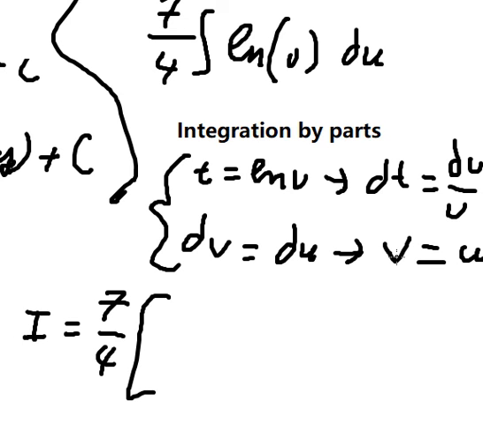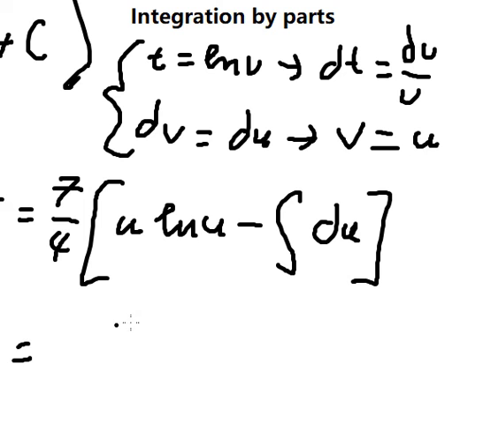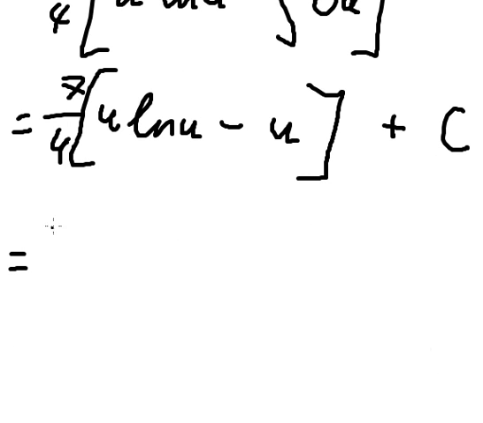We have t multiplied by v minus the integral of v dt, so u divided by u, they cancel. So the integration of the u, we have u. And I will put c in here. About u, that's h to the power of 4.